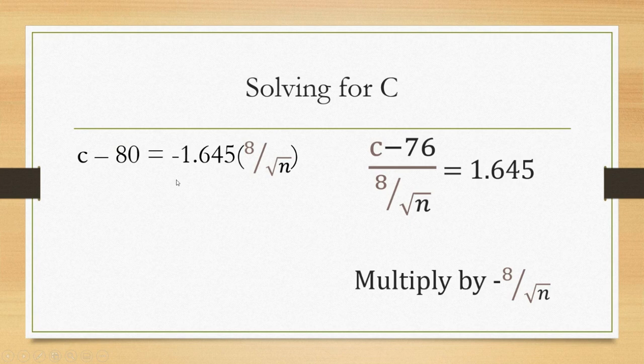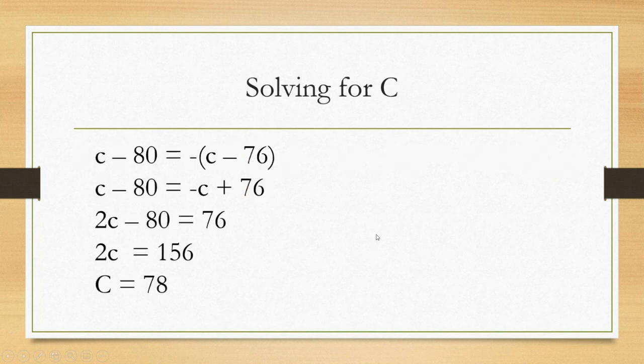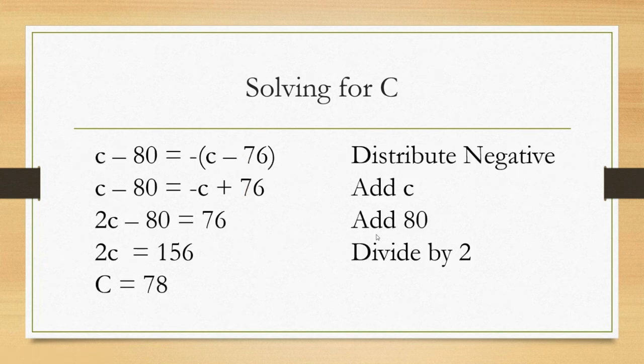And for the right tail, we have this. Now, since we see this is the same as this, we could go ahead and make these equal to each other. And then the steps we did were distribute the negative, add c to both sides to get the variables together, add 80 to both sides, and then finally divide by 2 to get the variable by itself.